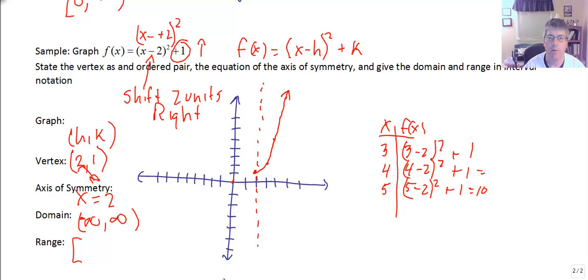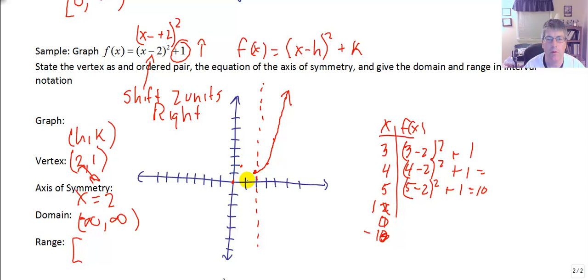So there's my parabola. And I can do the exact same thing on the other side, but now I'll input numbers like 2 and 1 and 0. No, I'm not going to input 2. That's my vertex. I'm going to input 1, 0, and negative 1. So when I input 1, I will output 2.